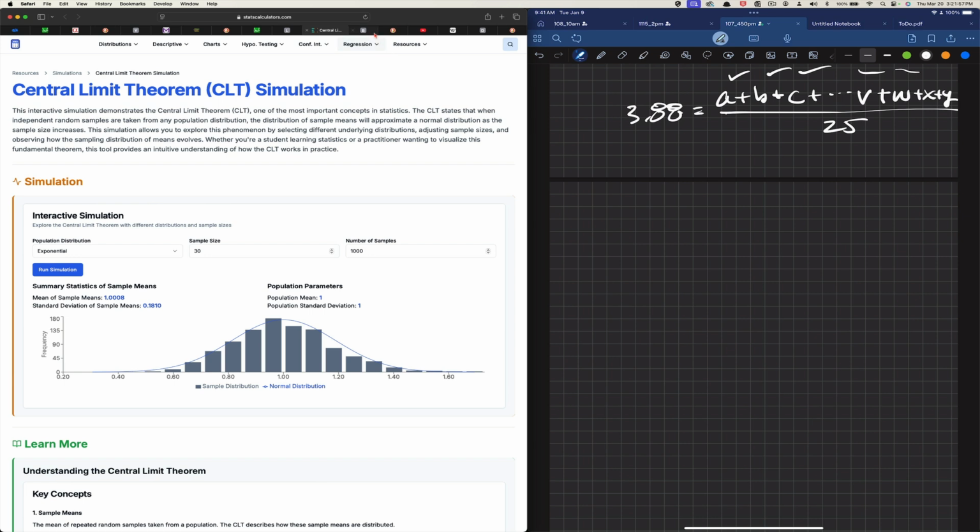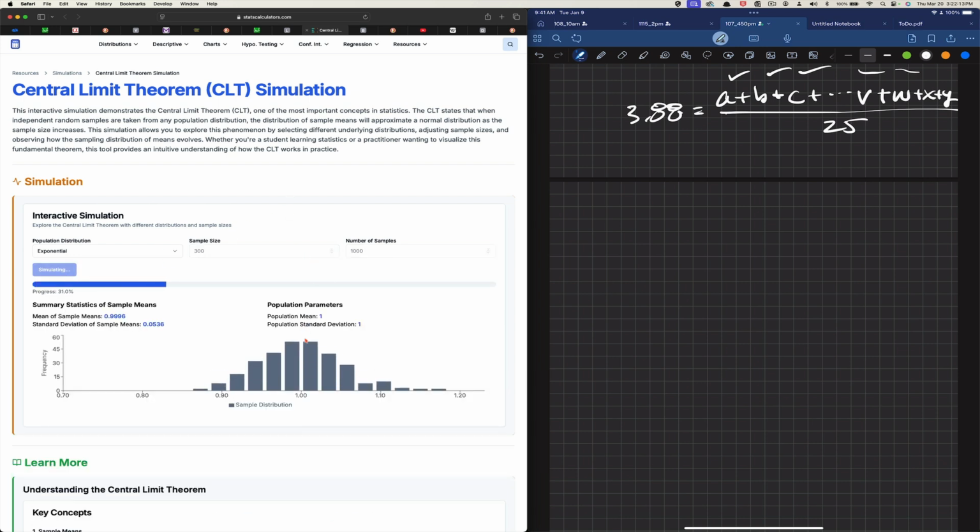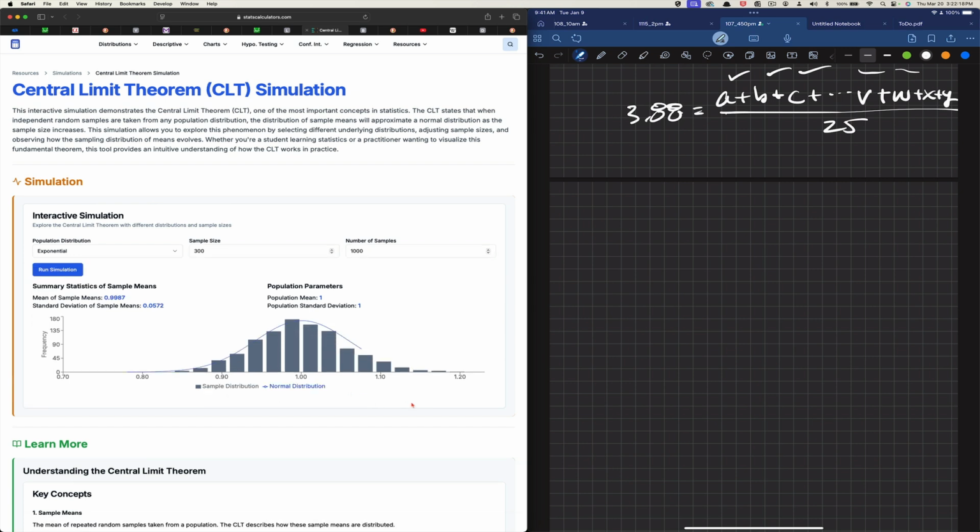And then if I use the same criteria but increase the sample size to 300, what we're going to see is a normal distribution, but with a lesser value for its standard deviation, meaning it's going to be more narrow. And here it is, more narrow.